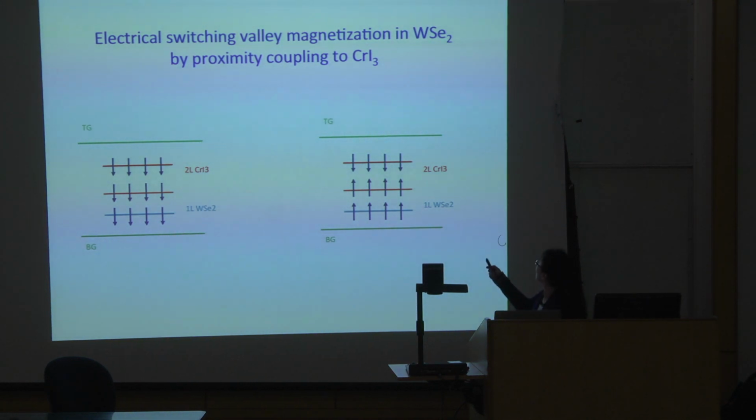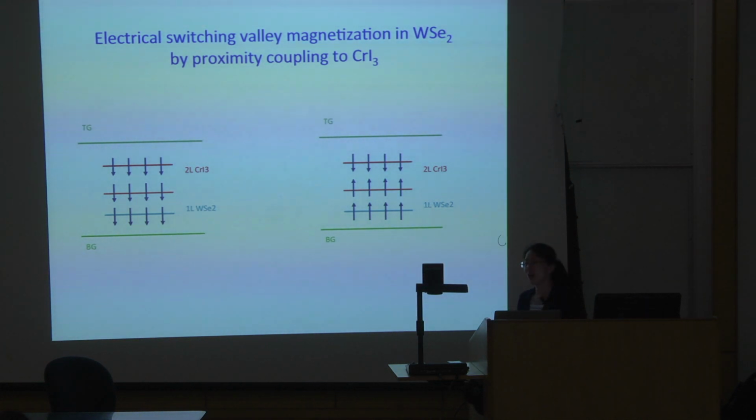So what we would like to do is to make some kind of ferromagnetic semiconductor out of those, which you can also electrically switch. And one idea is to put this material next to a magnet, and if they talk to each other, and if I can switch the magnet, then I should be able to switch the valley magnetization in this material. So that's our naive idea.